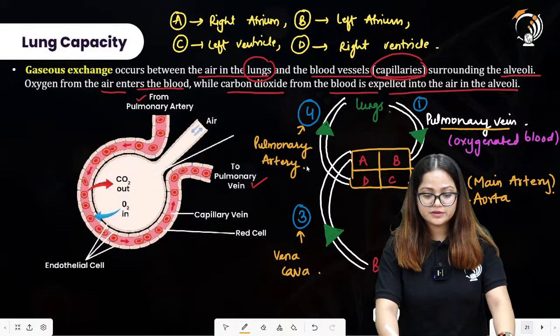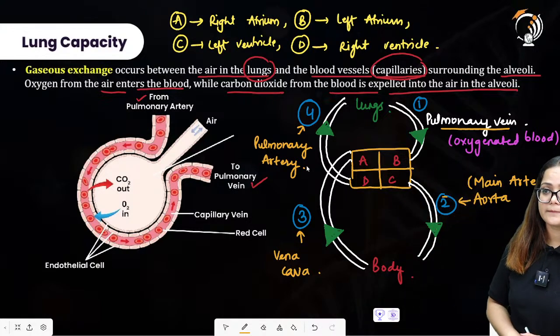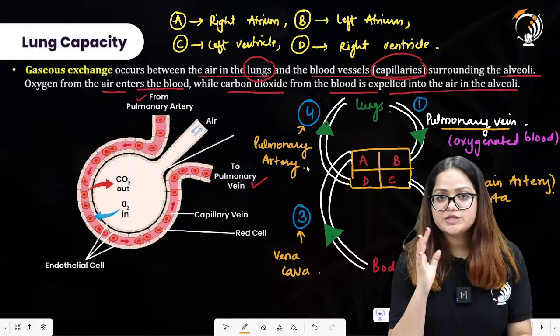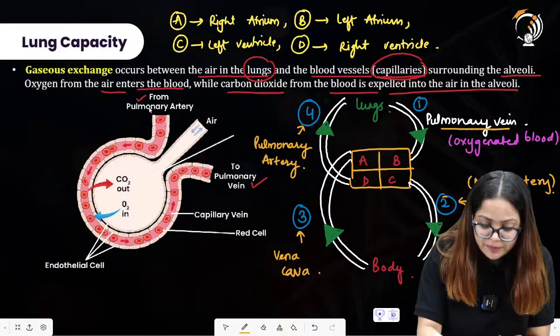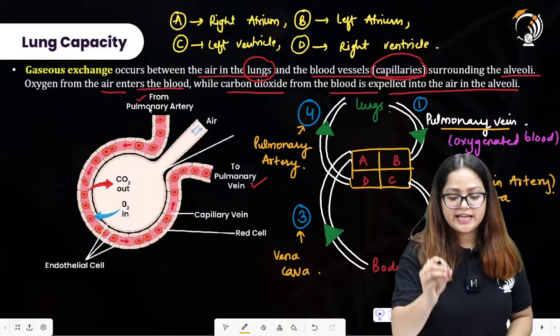I hope this is clear. Let me get aside so you can have a clear view of that. So that's how the blood vessels are arranged in the circulatory system. Now, from the pulmonary artery, which kind of blood is going to enter the alveoli here?